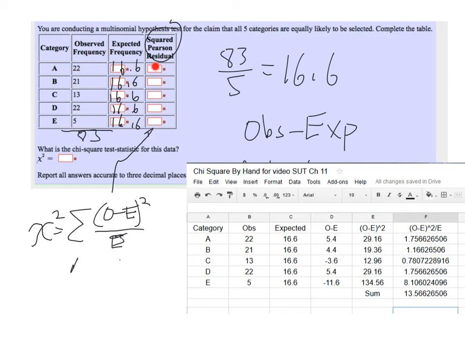Okay, and that's what my OpenMath is looking for in these answers. So I did the 19.36, 4.4 squared divided by 16.6, gave me that number. Now the chi-square test statistic is the sum of all those calculations.